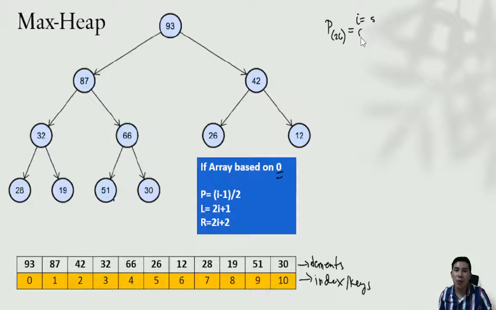So substituting, (5 - 1) / 2 is actually 2, because 5 minus 1 is 4, and when you divide it by 2, the result is 2. As you can see, the parent of 26 is the element which has an index of 2. If you look at the binary heap, the parent of 26 is actually 40.